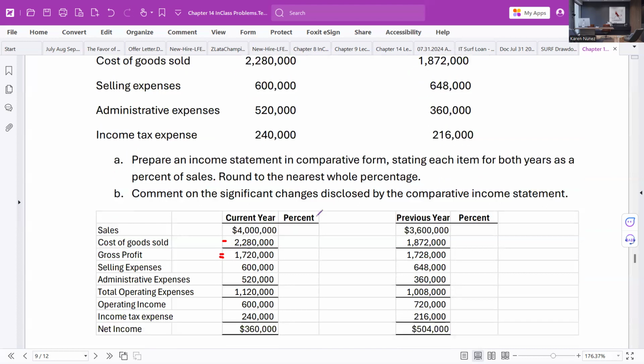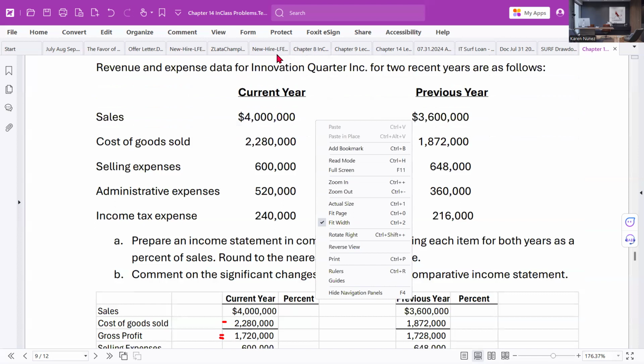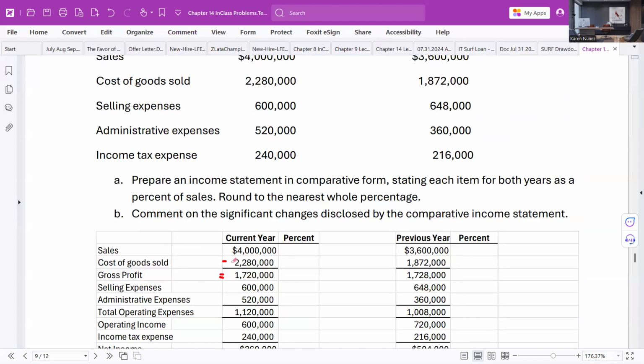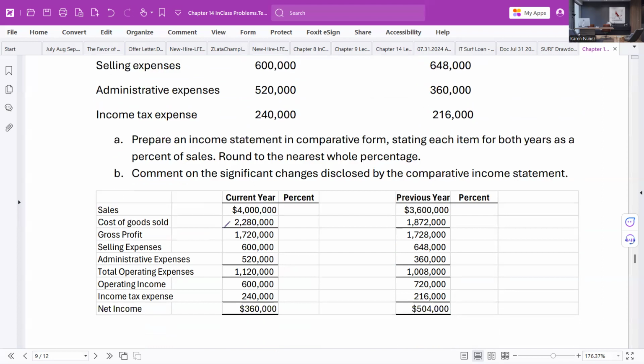I don't necessarily like to use brackets, but I will here to be consistent with what's in the book. So the sales less the cost of goods sold equals the gross profit, right?